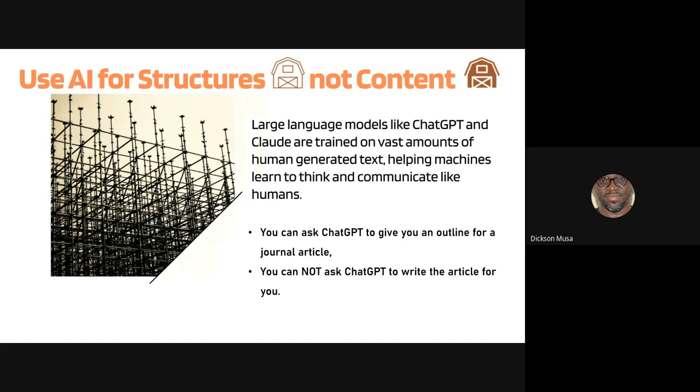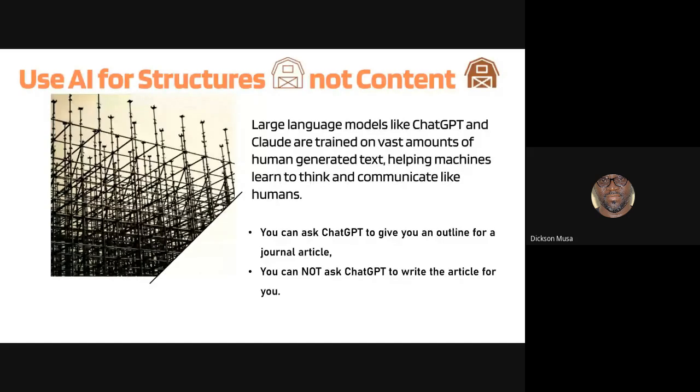For instance, you want to write an article on a particular topic, you can ask GPT to give you an outline for that journal article. If you ask it to write that journal article for you, it will write it. But that is not what you should be doing. Instead, you ask it to give you an outline.